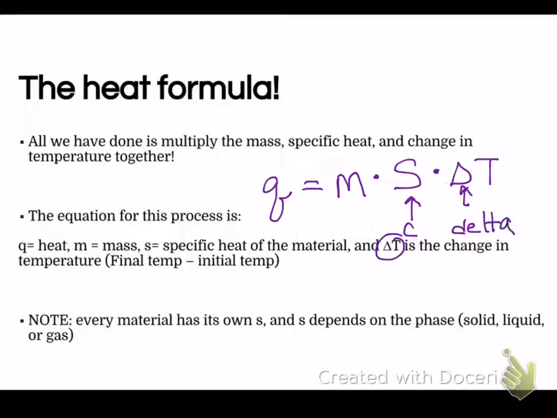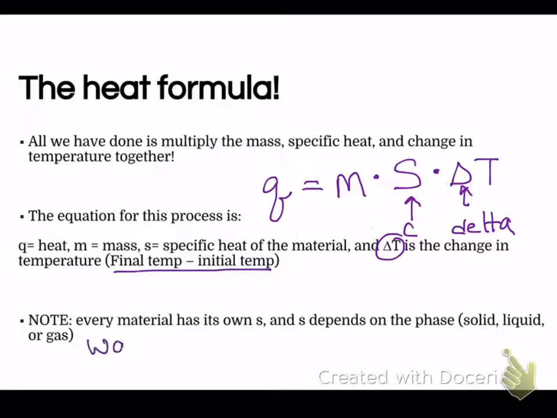It's a Greek letter that just means the change. Often we'll see delta T, sometimes we see the change in energy, which we saw in the other lecture. But basically it just means that you take the final measurement minus the initial measurement, and that's how you get delta T.